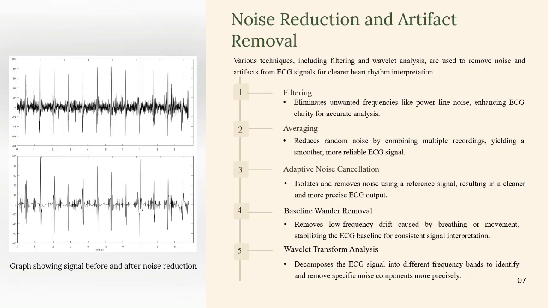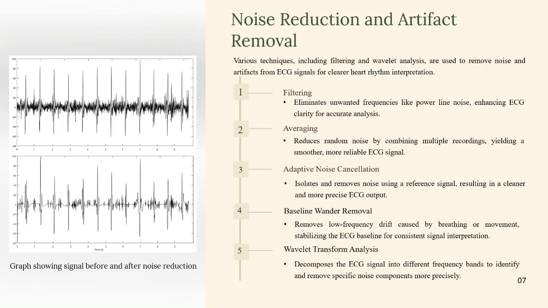These are the steps of noise reduction and artifact removal. The first step is filtering. In the filtering step, we eliminate unwanted frequencies like power line noise, which enhances the ECG clarity for accurate analysis. The second step is averaging.